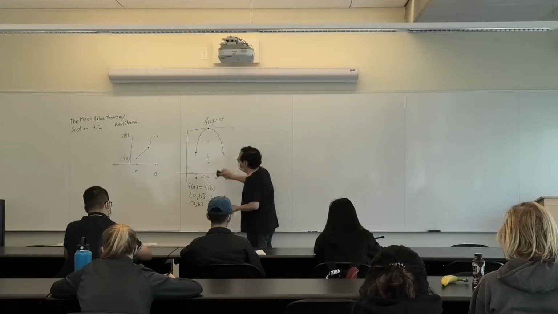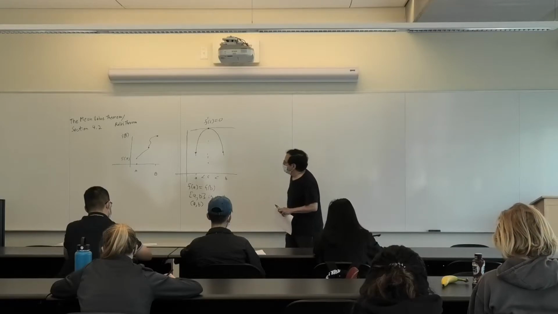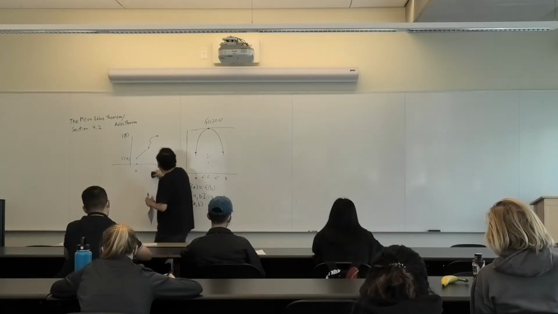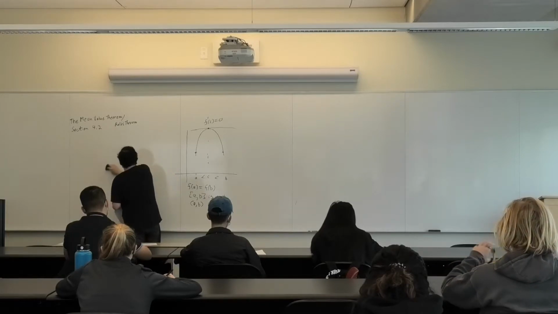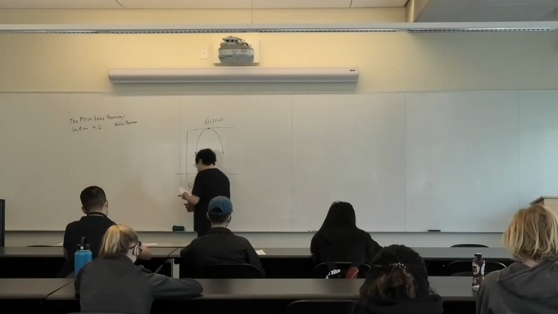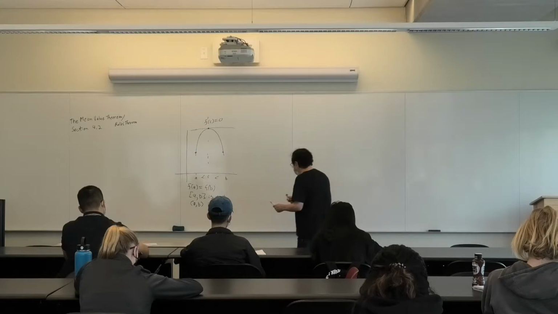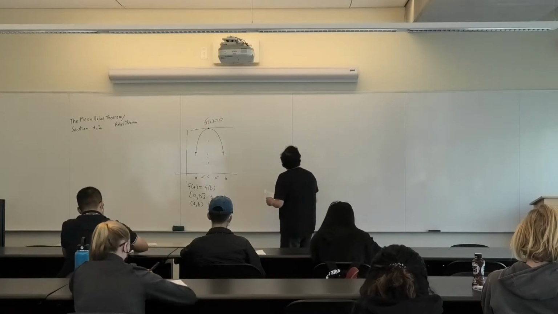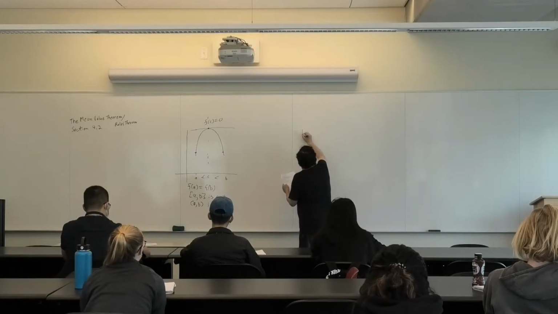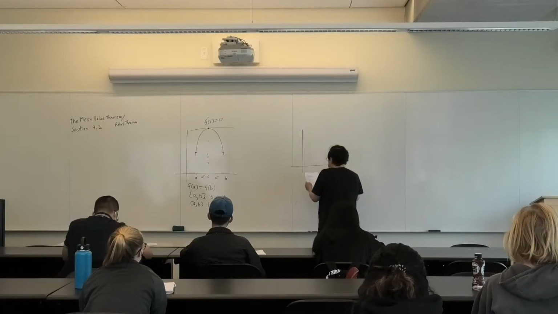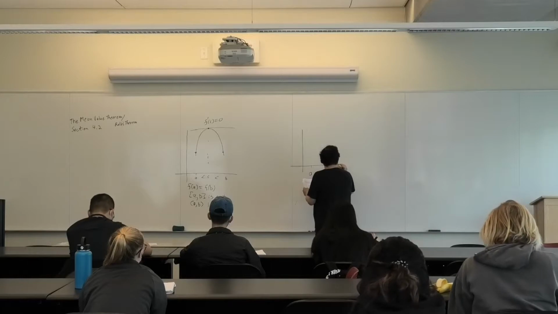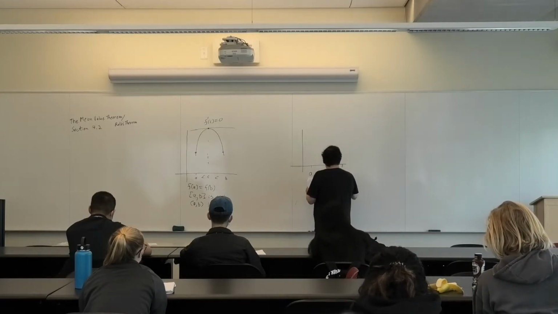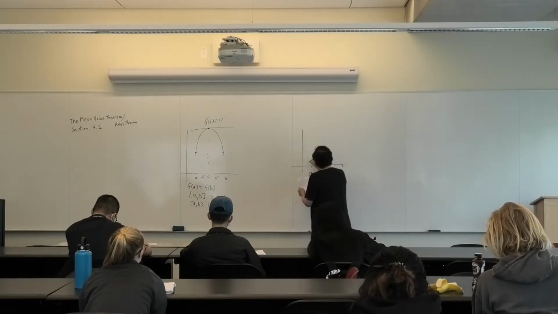I'm going to leave the diagram of Rolle's theorem up because you'll see how the mean value theorem is just a little bit more complicated. So again, I have a function, and it has values at a and b.